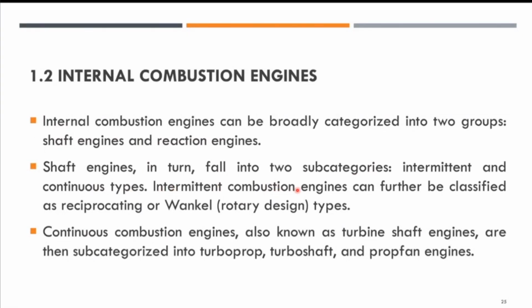Intermittent combustion can be classified as reciprocating, normally called reciprocating, or famously known as the Wankel type of engine or rotary design engine. Whereas the continuous combustion engine, also known as the turbine shaft engine, is subcategorized into turboprop, turboshaft, as well as the prop fan engine. So we will look at all of these as well as examples.